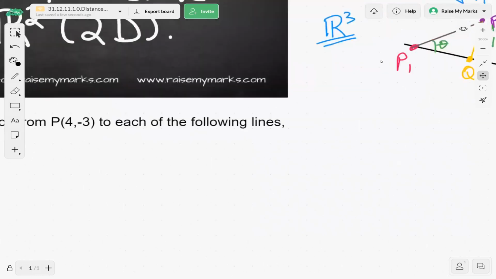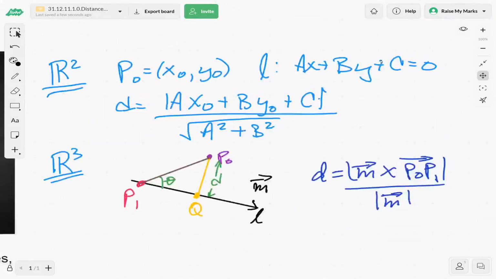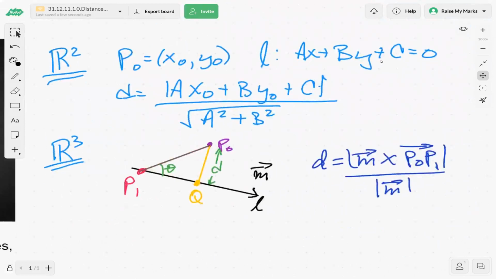Let's look at the formula to find the distance between a point and a line. We have two situations, when we're in R2 or when we're in R3. These questions in this section are in R2.